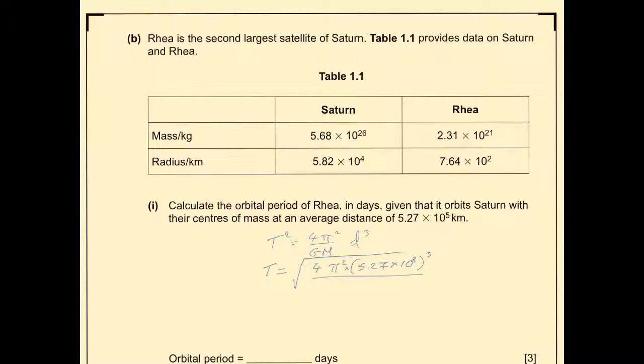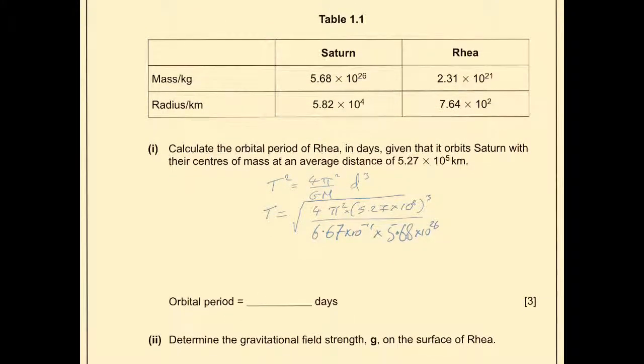So we get 4 pi squared times the d cubed over G times the big M for Saturn, and then put that through your calculator and see what period you get for Rhea.